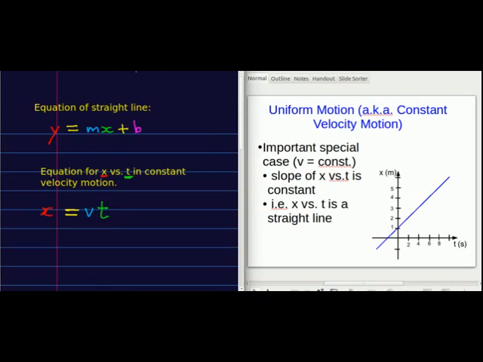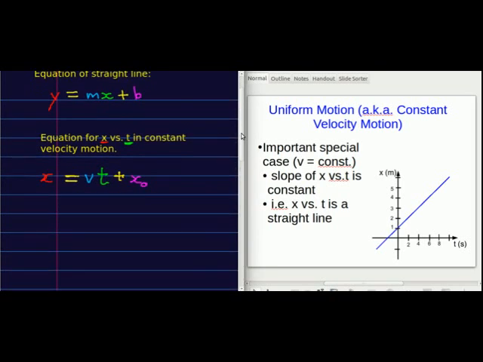And then the only thing left is b. Well, b is the y-intercept, or in this case, the x-intercept, the vertical axis intercept. And so that is the position when time is 0. So we might as well call it x0 for position at time 0.